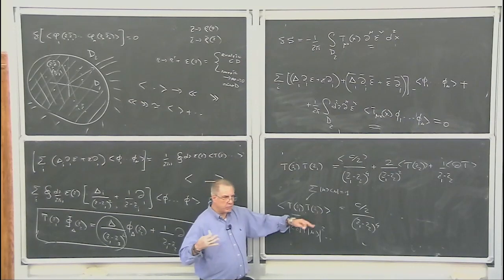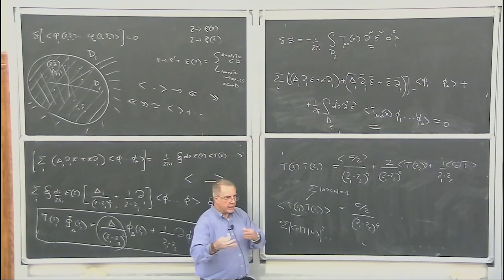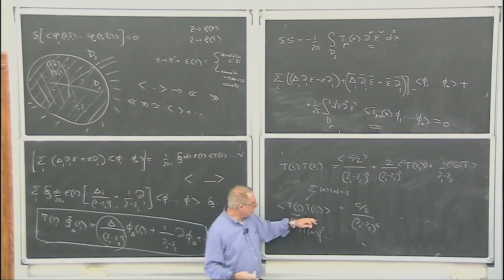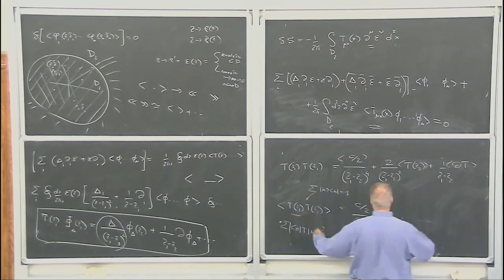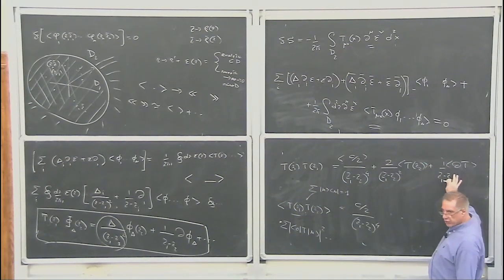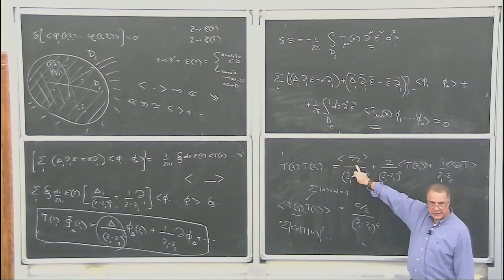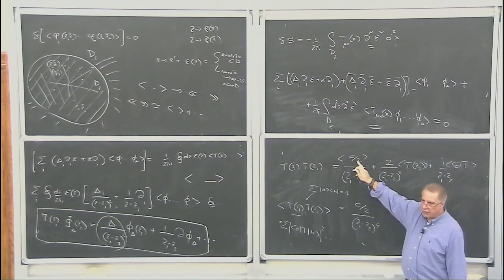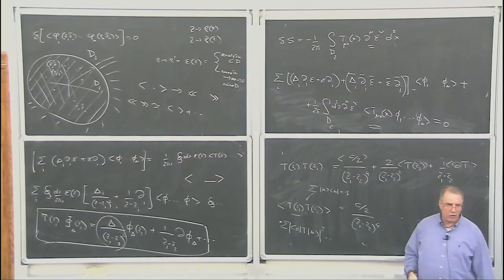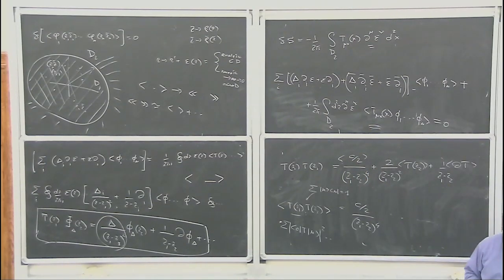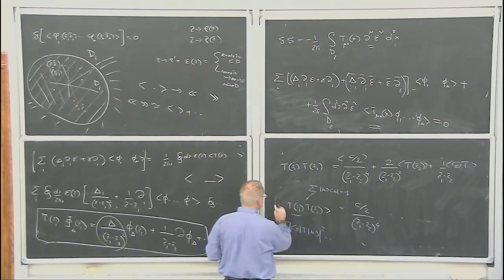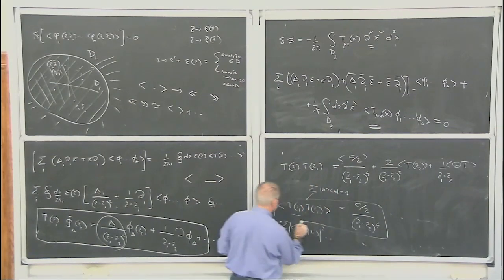It cannot be 0 by summing negative and positive terms. It's intrinsically positive, so it has to be non-zero. The only way it can be non-zero is that in addition to this term, there is this extra term here. And I parameterize this in terms of C over 2. C is a constant. It's called the central charge. Okay? So the central charge is related to the 2-point function of your theory.